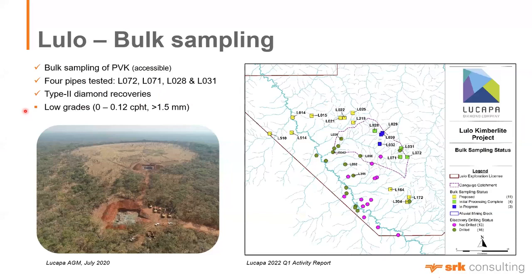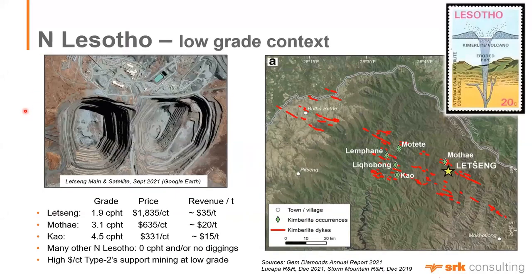I just want to give some low-grade context here, and the low-grade context comes from northern Lesotho, where we know that you can develop very large open pits, because this is a Google Earth image of the Tseng main and satellite pipes, where a grade of less than 2 carats per 100 tons at a very high price point gives you a revenue of $35 a ton.